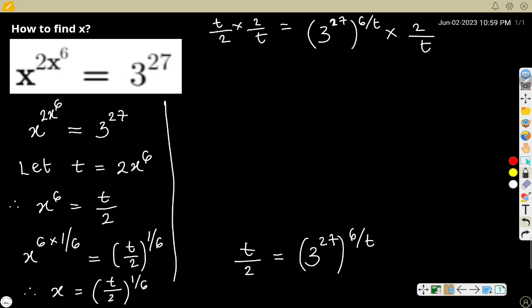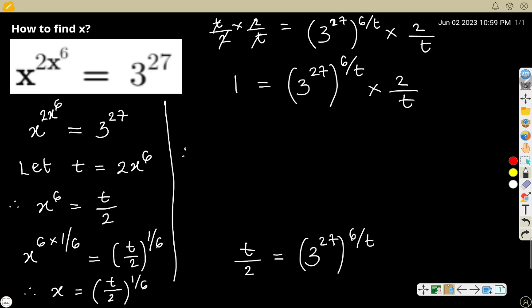I'm multiplying both sides by 2 over t so that the 2 and the t cancel, and it will remain 1 here. So 1 is equal to 3 raised to power 27 to the 6 over t times 2 over t, as in like that.